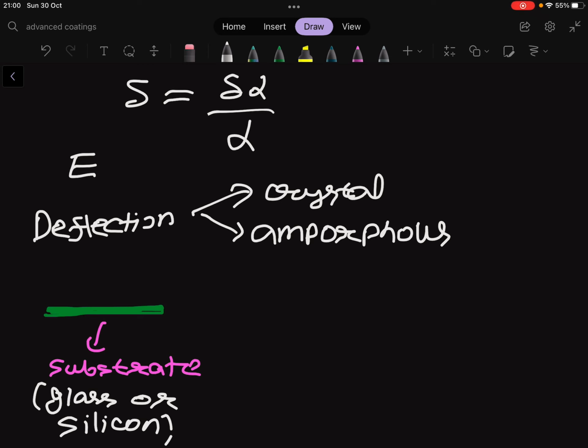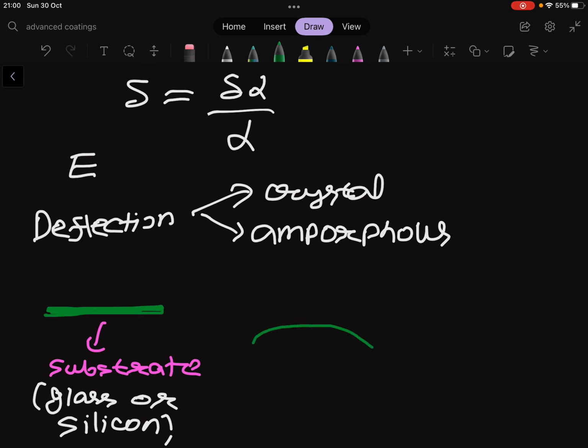So we deposit our film on this substrate, and inside our film we have some types of residual stress which will produce a bending effect in our substrate. So if we have compressive stress, then we have a convex profile, something like this.